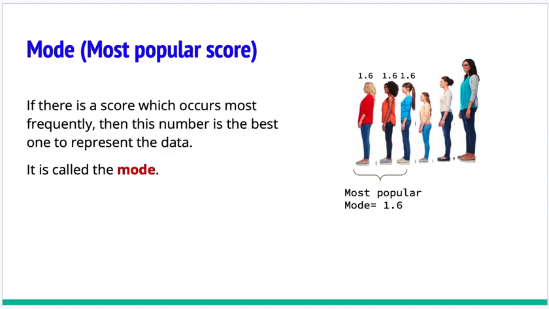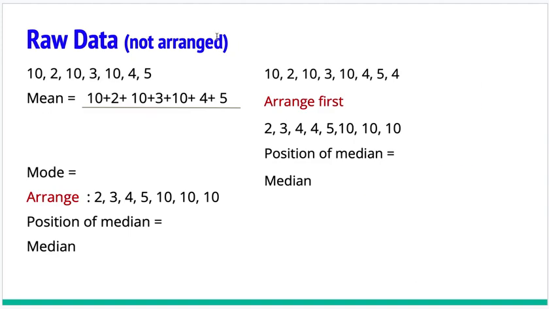Now let us take a look at different types of data and how we determine the mode, mean, and median for each. The first set of data is the raw data, which is not arranged. So these numbers are not arranged. To find the mean, we add all the numbers.